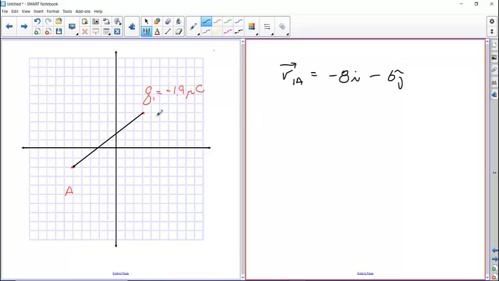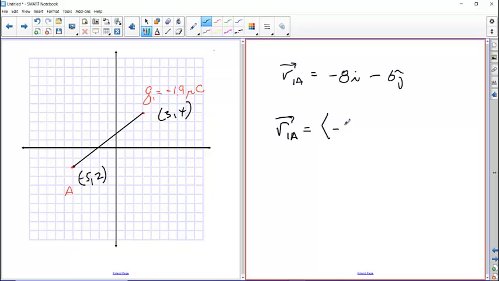The other thing you could do is take the coordinates. This one is going to be 3, 4. This one is going to be negative 5, negative 2. And what you do is you take this and subtract that. So let's do it as a vector like this.